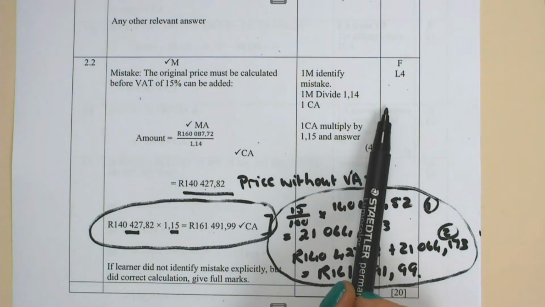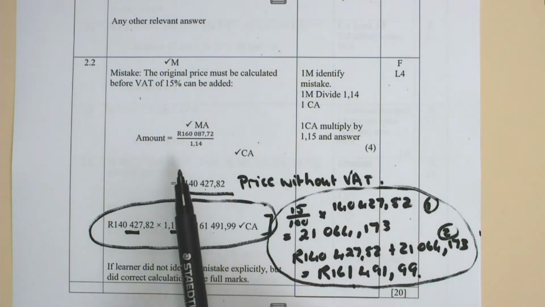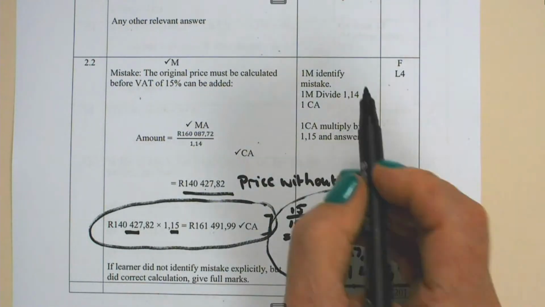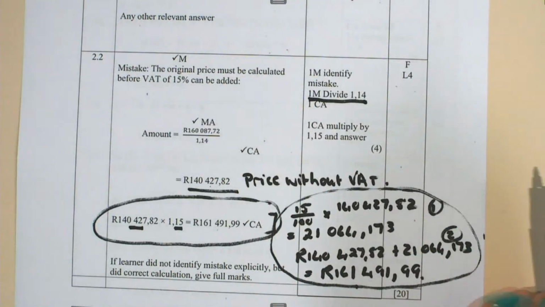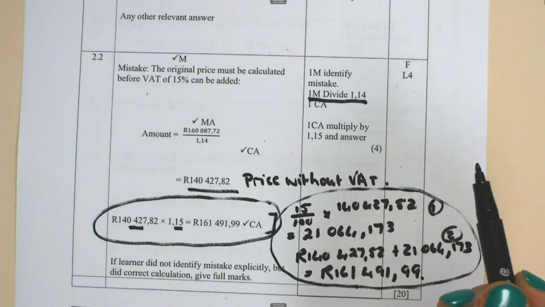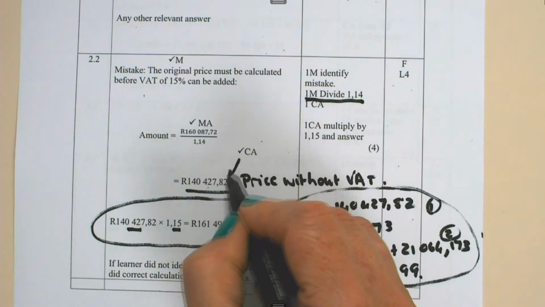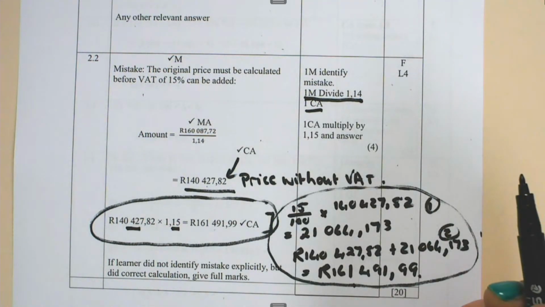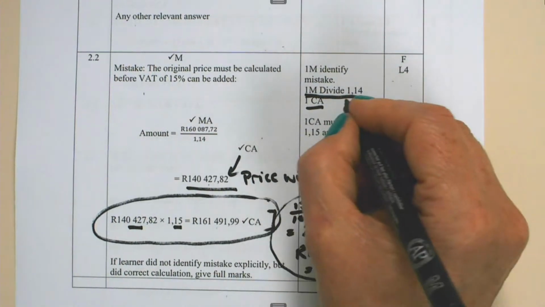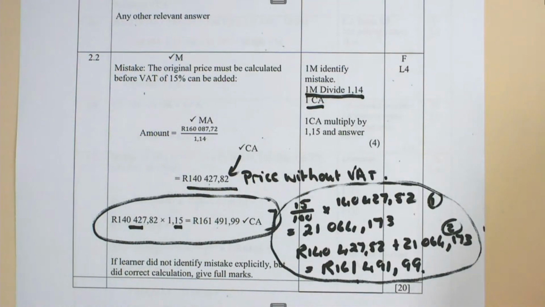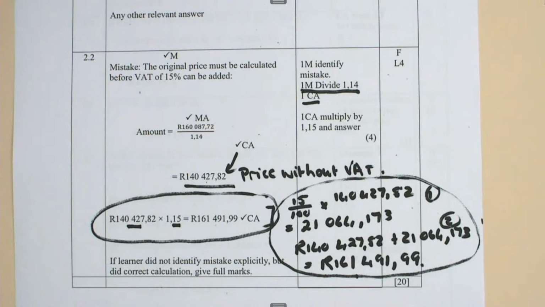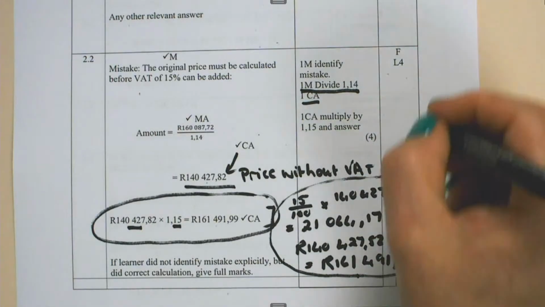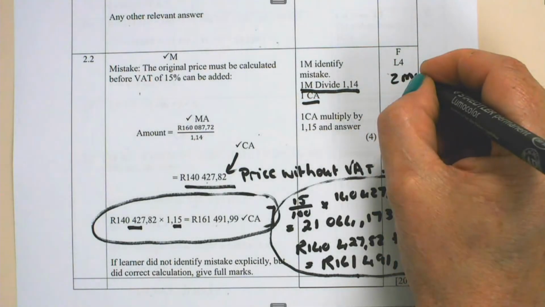So if the learners take the wrong value and divide by 1,14, take note that there is a method mark for dividing by 1,14. If the learner does divide by 1,14, there is going to be a CA mark. So the CA mark is not for anything; it goes with after division by 1,14. Remember, in Maths, we generally have a rule, 2 mistakes, stop marking.